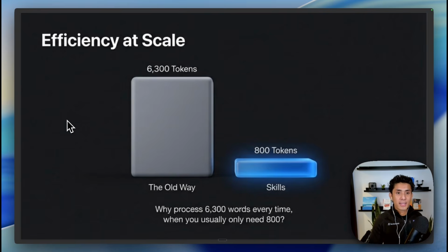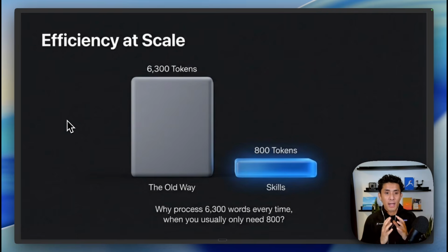Now, here is a great visualization for one of the big benefits of skills. Fundamentally, it has to do with tokens. Because skills solve the issue of the stuffed backpack, we are able to use Claude so much more efficiently.